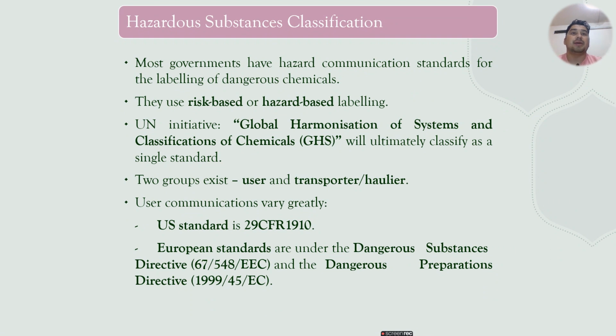Wherever this chemical is being stored, there are particular requirements about the labeling. So if the labeling is there properly, following the GHS, you will automatically know what kind of chemical is there and the type of hazards and risk involved with that particular chemical or hazardous substance.